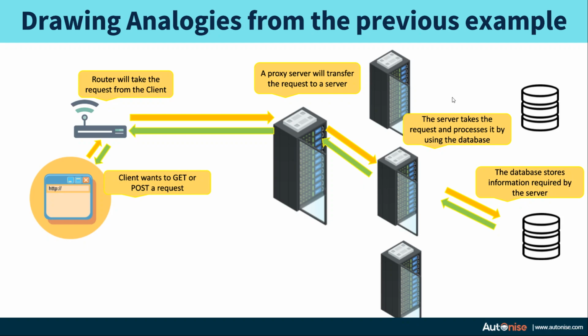So that is what the backend is. The backend comprises the proxy server, these servers which process your request, and also the database as well. But the databases are learned separately, and hence we'll just learn about what these servers do using Flask.